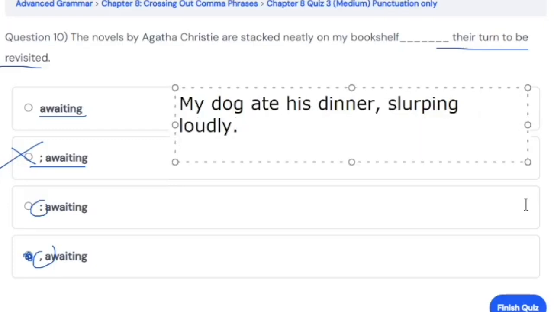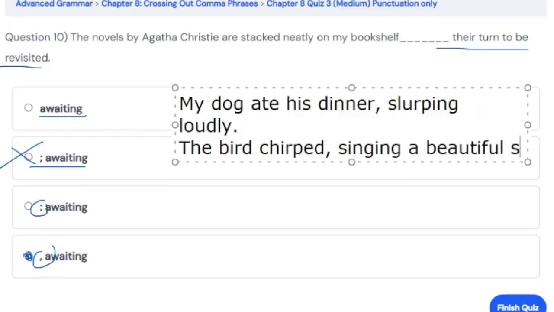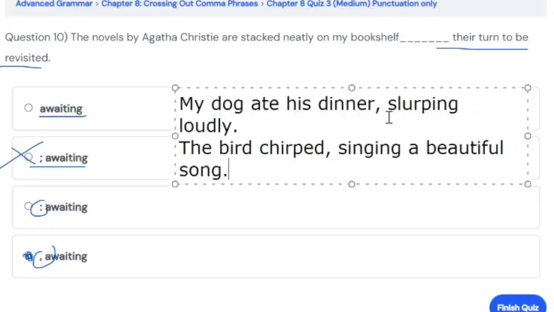Or, the, I don't know, bird chirped, singing a beautiful song. This kind of thing, we'll just see it all the time where you have a comma followed by an ing phrase to end a sentence with a little non-essential but nice detail.